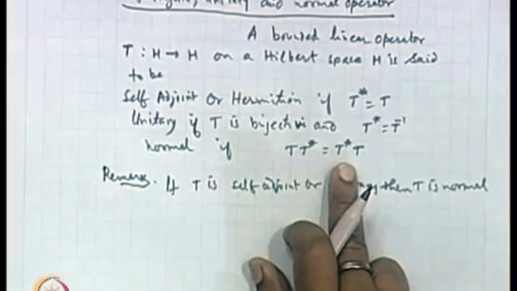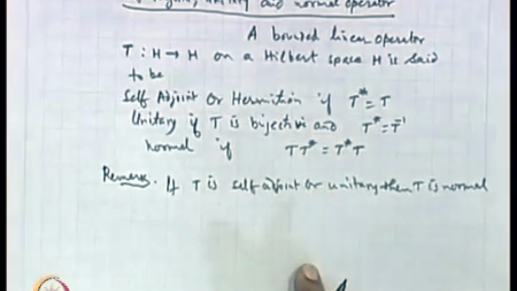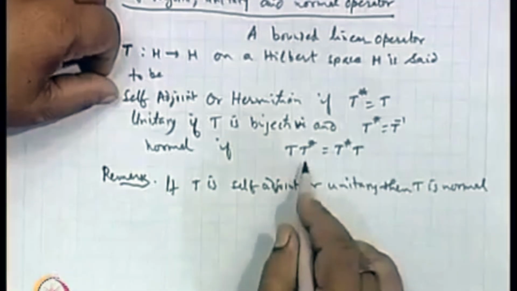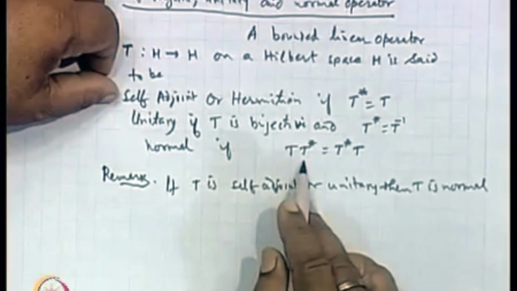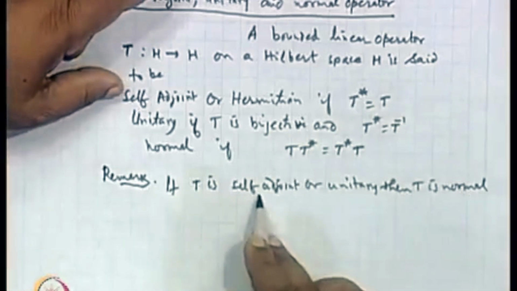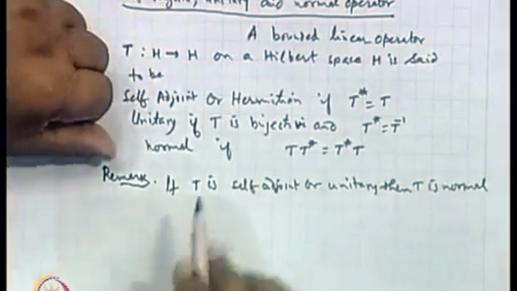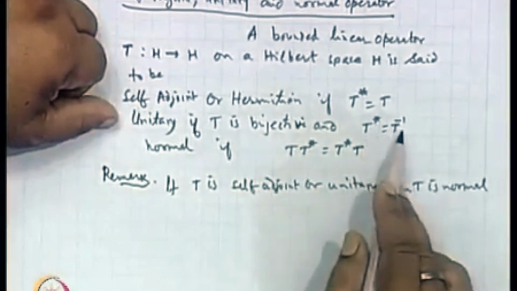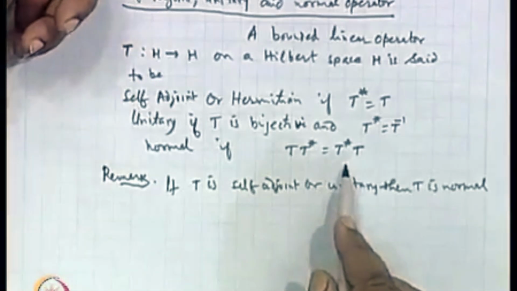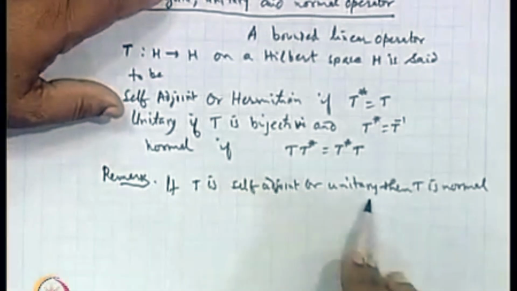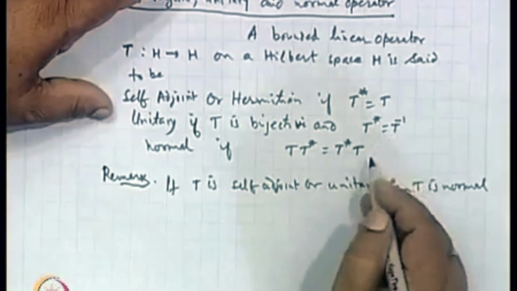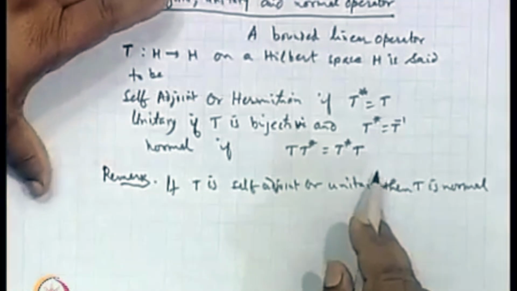T T star equals T star T. If it is self-adjoint, then T star becomes T. So T T star is T squared, and T star T is also T squared. Same. So a self-adjoint operator will be a normal operator. If it is unitary, then T star is nothing but T inverse, so T T star becomes I and T star T also becomes I. So self-adjoint implies normal, and unitary implies normal.